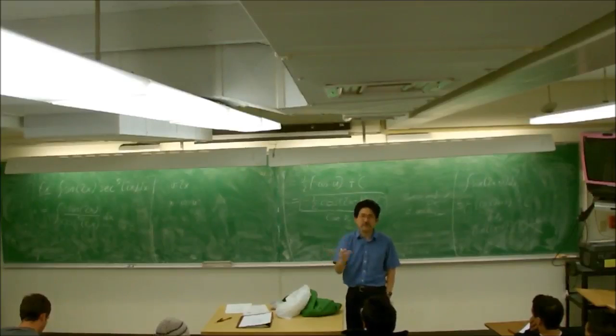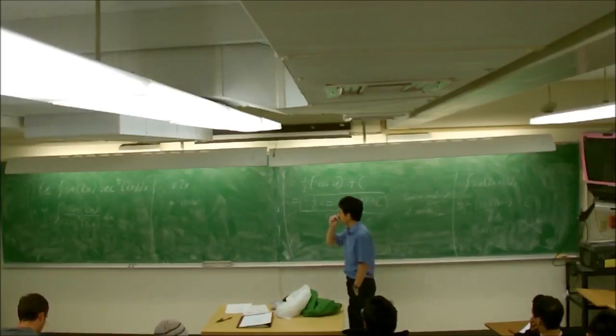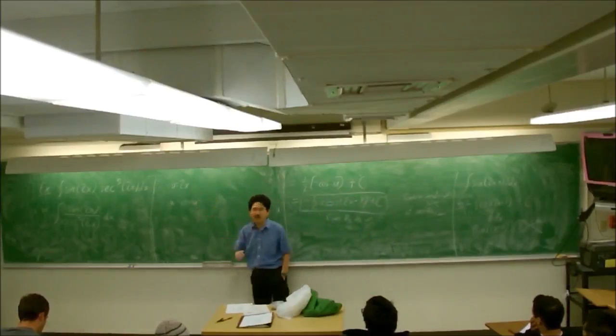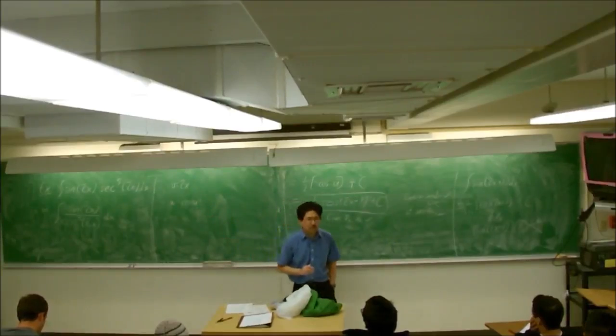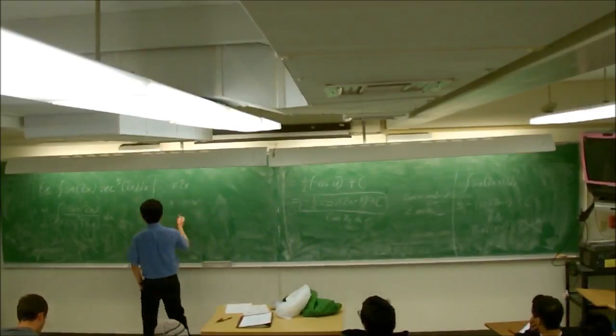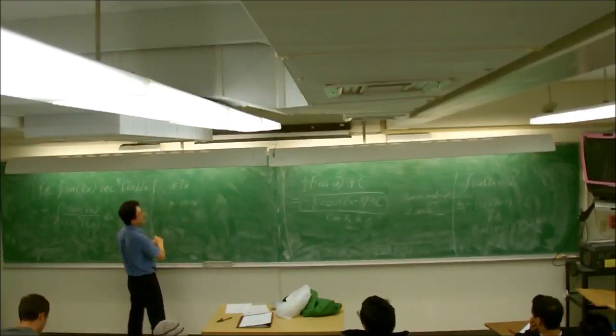There's a second reason. U and v are used in integration by parts, so I don't want to confuse things with that. That's why I put w there. Again, a double substitution is not wrong, but I think most of you would rather do it in one fell swoop. So not wrong, but inefficient.